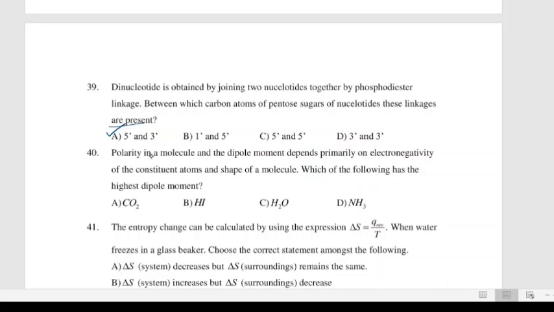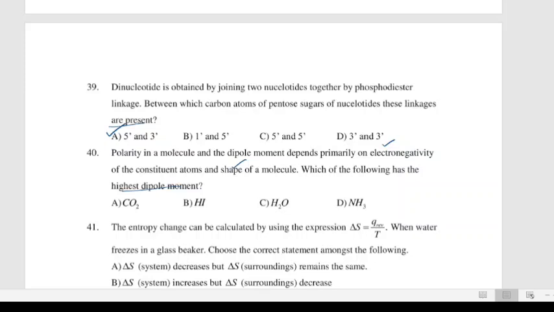Next one. Polarity in a molecule and the dipole moment depends primarily on electronegativity of the substituent atoms and the shape of the molecule. Which of the following molecules has the highest dipole moment? Yes, no doubt. Dipole moment depends both on electronegativity and the shape of the molecule.